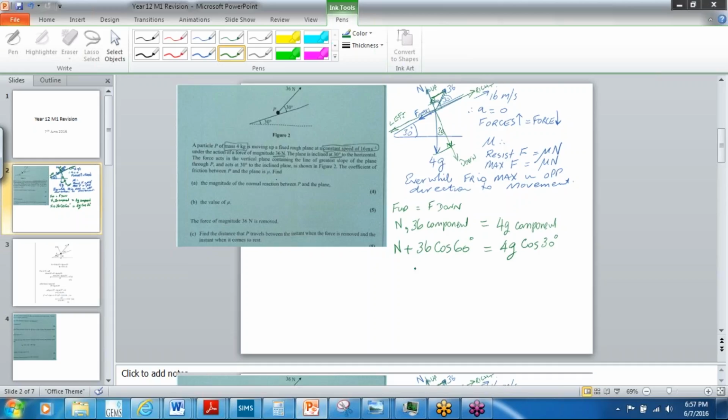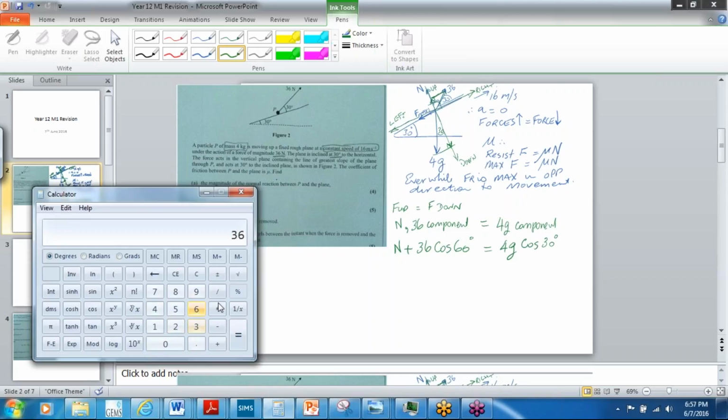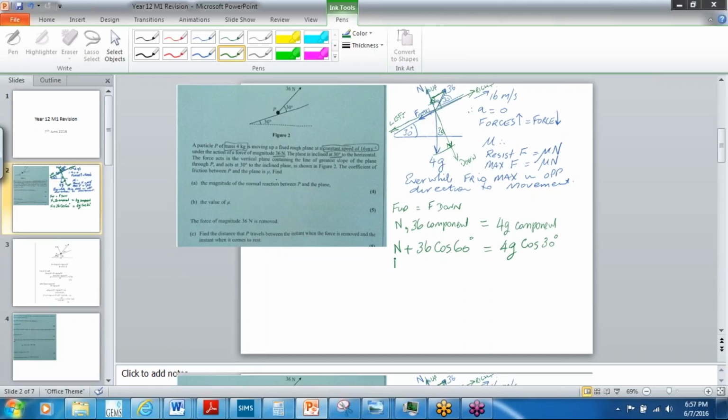So let's turn these into numbers and find N. So let's get the calculator. 36 times cos of 60, and that equals 18. N plus 18.